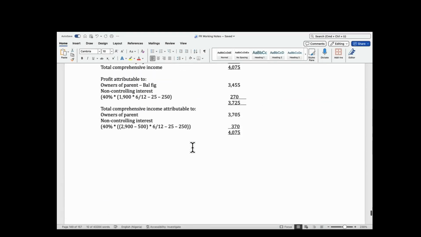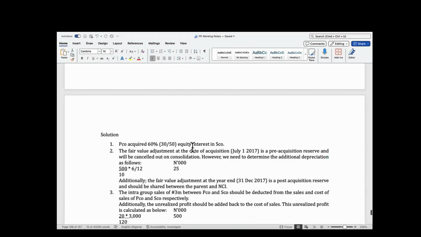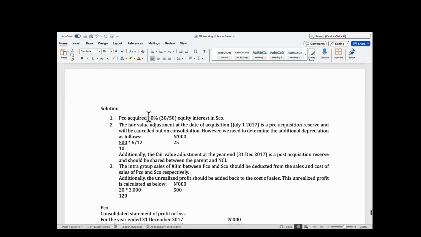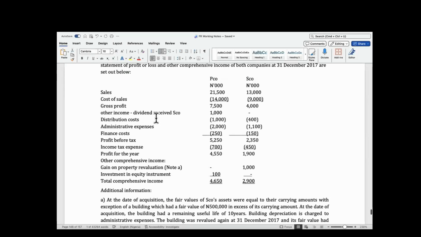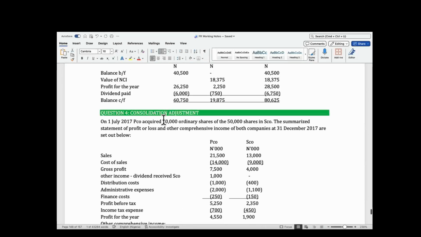Just for me to show you exactly what it is. The first thing is I computed my holding in the subsidiary because we're not given. I think somebody asked this, is it Moses, that if you're not given the holding, how are we going to calculate it from P&L? I told him we cannot calculate it from P&L.